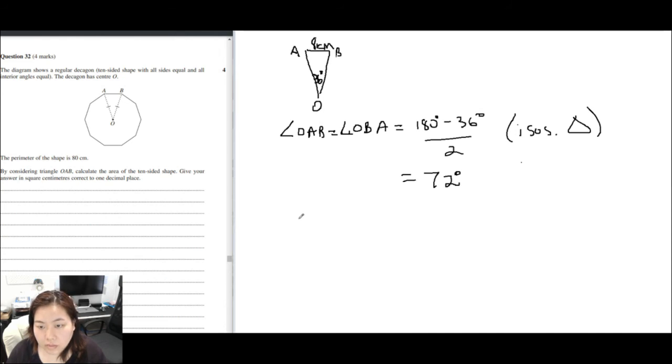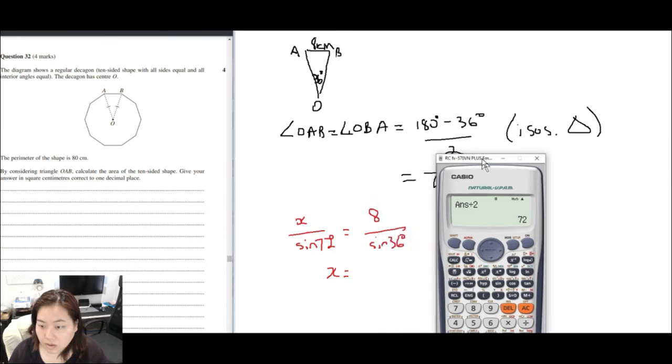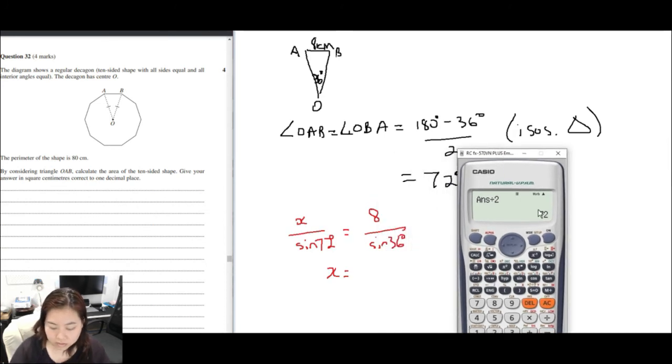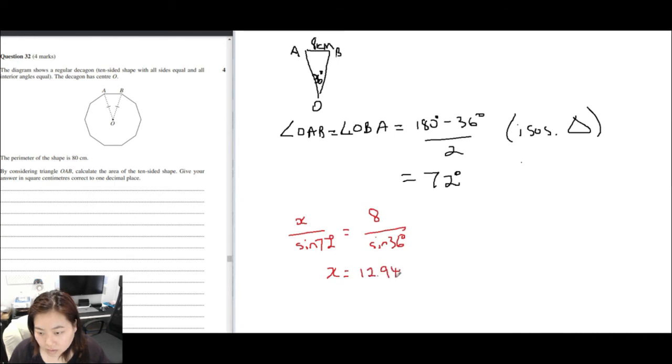I'll go x over sine 72 degrees is equal to 8 over sine 36 degrees. X is equal to 8 divided by sine 36 degrees times sine 72 degrees, 12.944 centimeters.